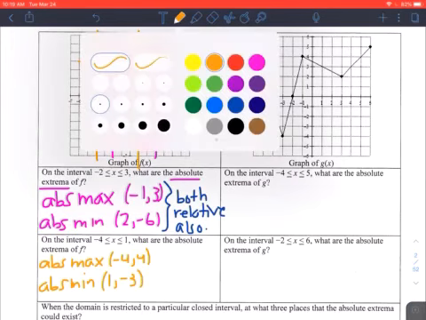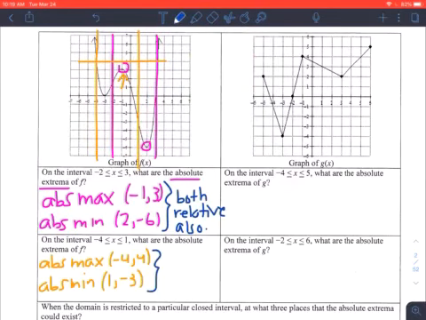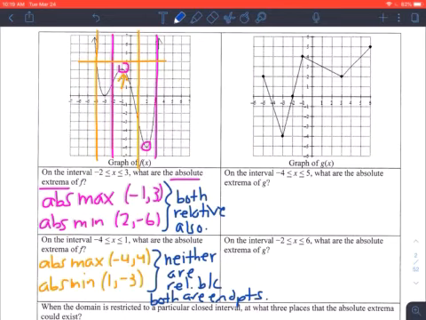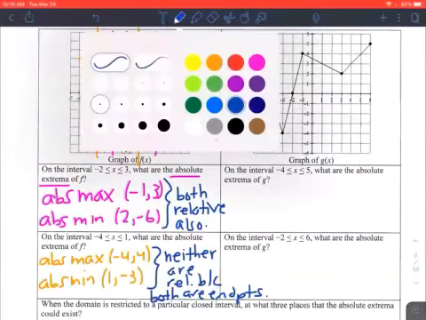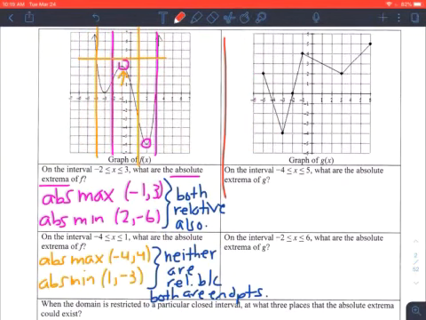In this case, neither of these are relative, because both are endpoints. Just something to keep in mind when we talk about relative versus absolute. Okay, so I'm going to let you guys do this one on the right, and just take a second to answer those questions.